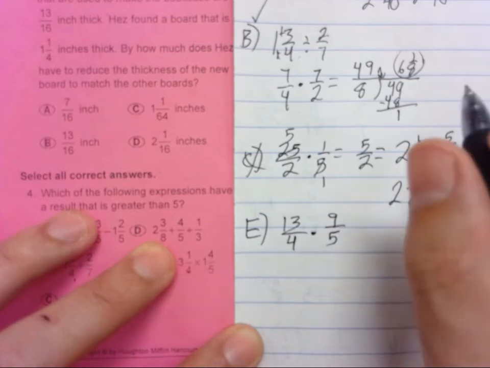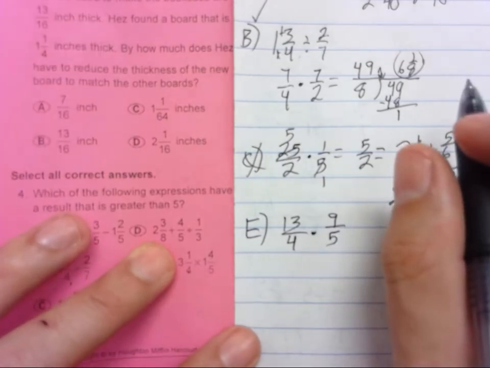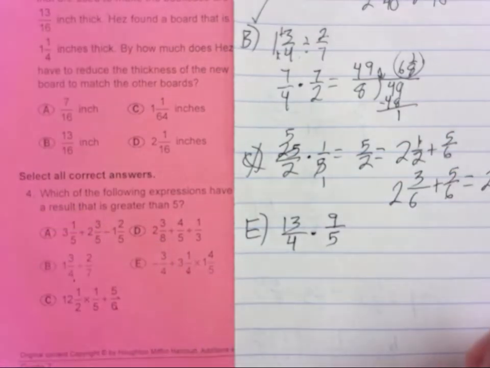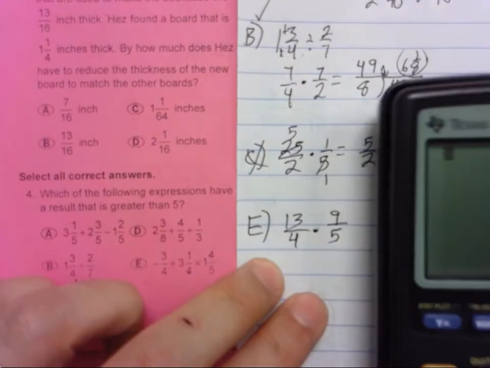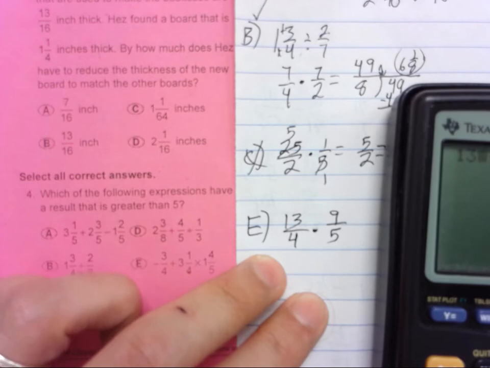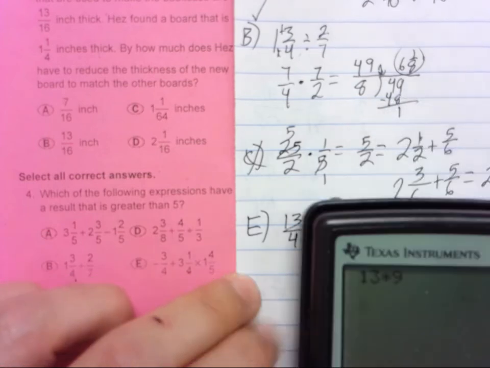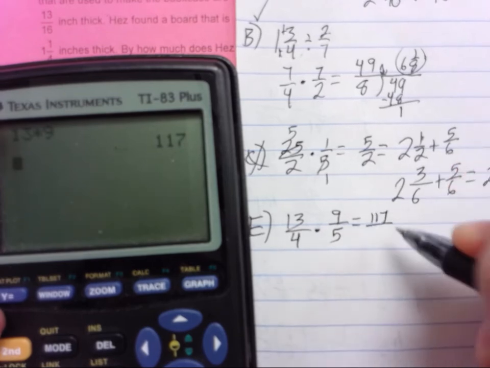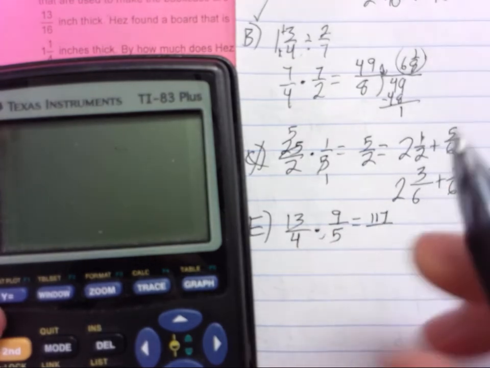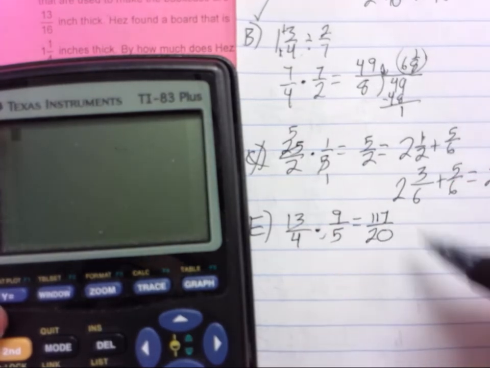When we multiply this, okay, let's multiply this. 13 times 9 is 117 over 4 times 5 is 20.